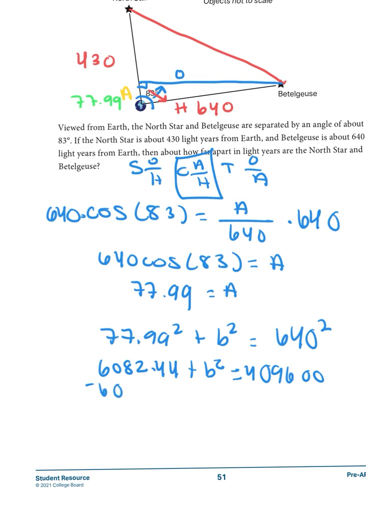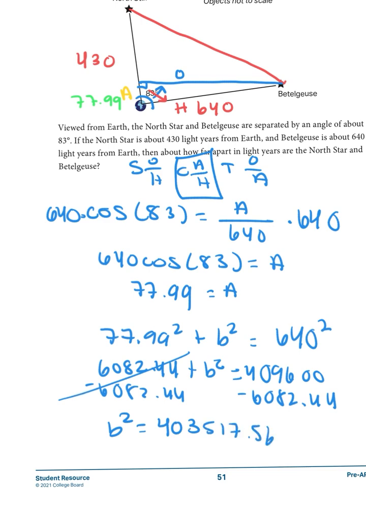So then you subtract, we're solving for b. And then we get that b squared is equal to 403,517.56. Then you take the square root of that, and you should get that b is 635.23.